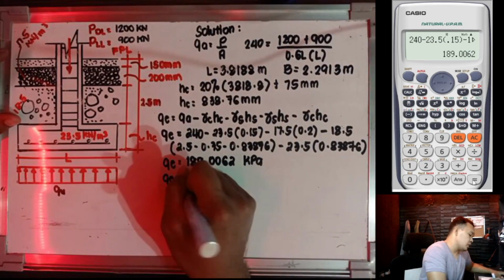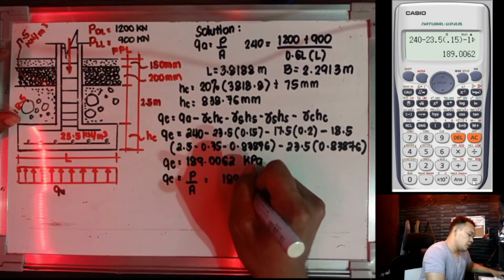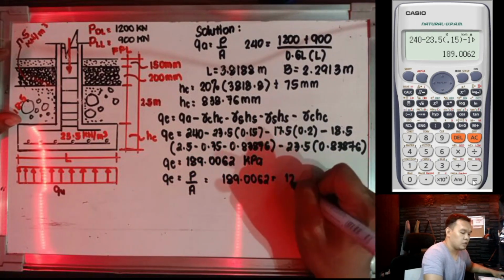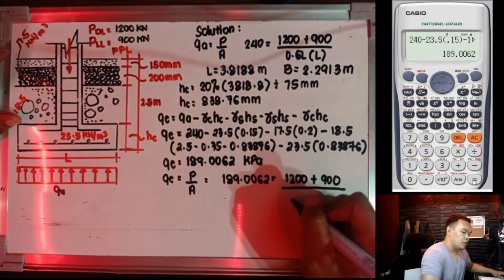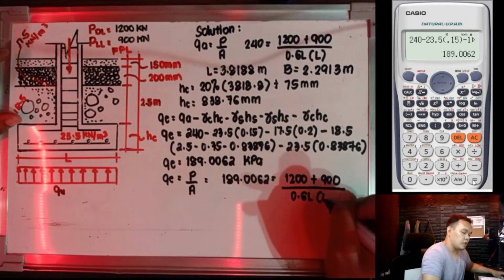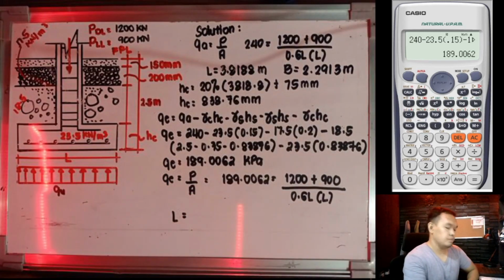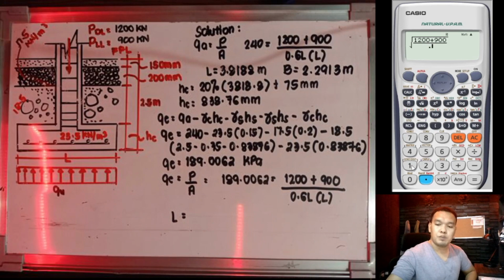Okay. After we get the effective soil pressure, we could get the actual dimension of the footing. QE is equivalent to force over area. We all know that QE is equivalent to 189.0062. Then the force applied, which is 1,200 dead load plus 900 live load, all over 0.6 L times L. So we have here the value of L is equivalent to the square root of 1,200 plus 900 divided by 0.6 times 189.0062.